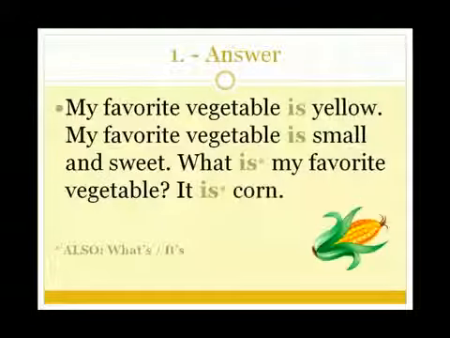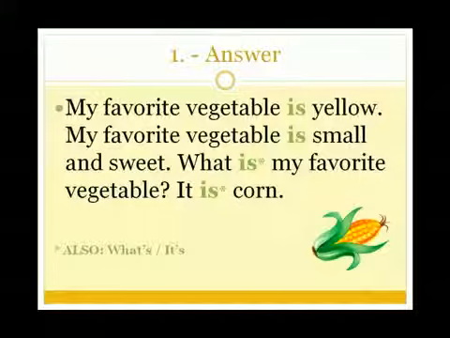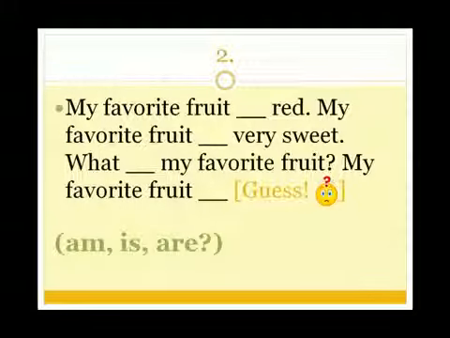What is my favorite vegetable? It's corn. Now read the answer. My favorite vegetable is yellow. My favorite vegetable is small and sweet. What is my favorite vegetable? It is corn.